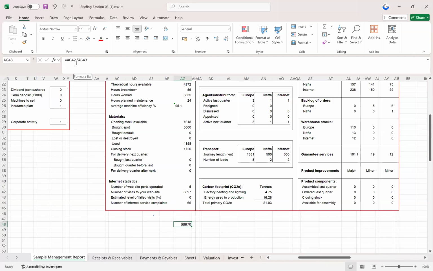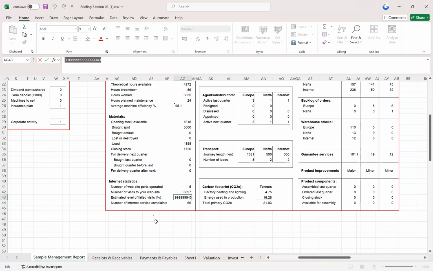This is the percentage of failed visits, 0.0999.